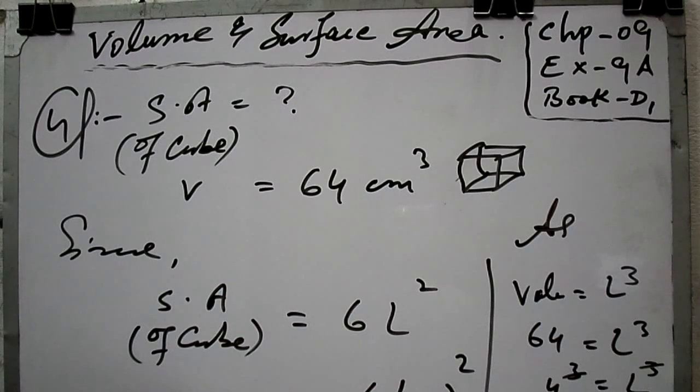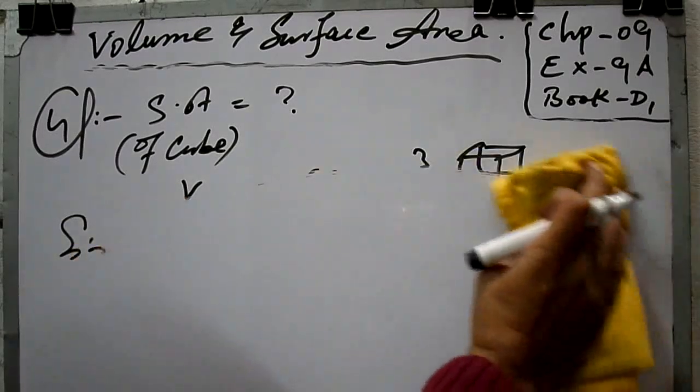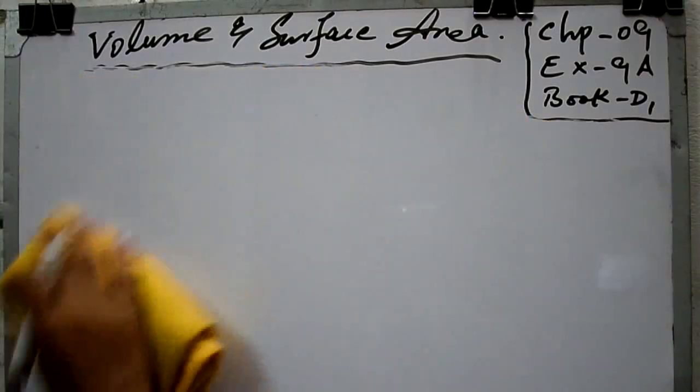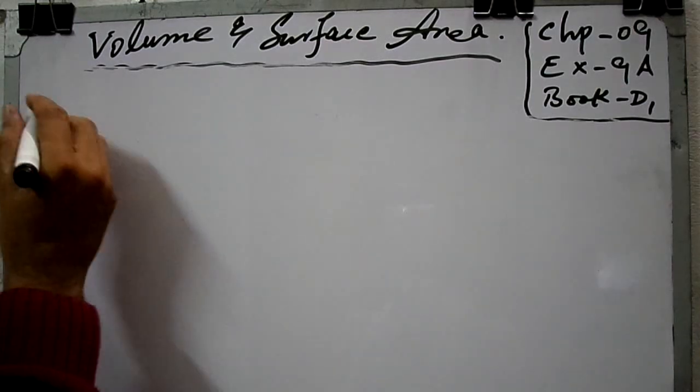Now coming to the question number 5, in which an open water tank with a length 20 centimeter, width 15 centimeter, and volume 4.8 liters. If the tank is half full, find the depth of water. Okay, first of all, you have to write its given data, because it is very much necessary to write down its given data.